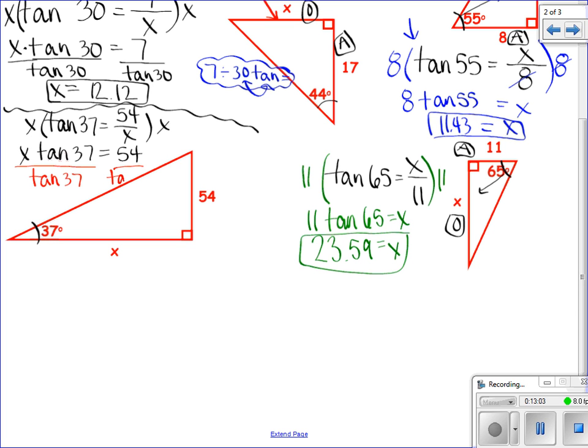So we're going to take 54 divided by tangent of 37. We get 71.66. Questions on that?